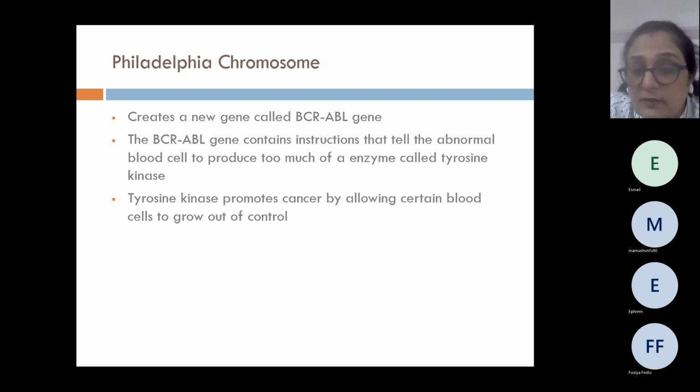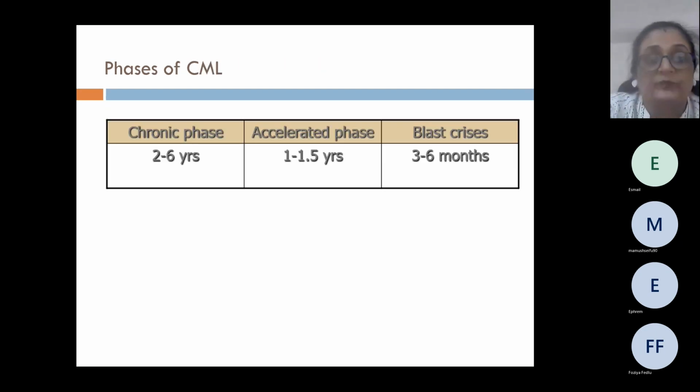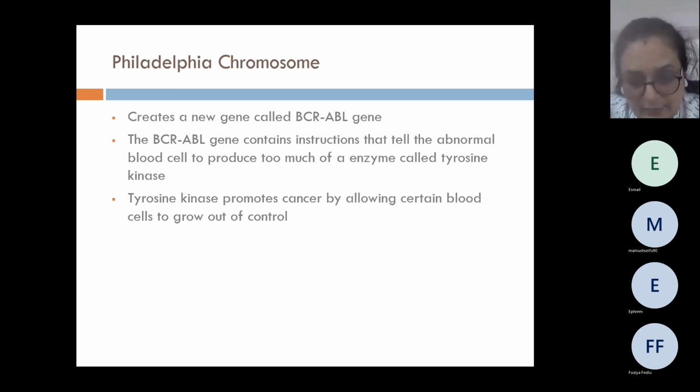So what is the main thing that we understand? That the tyrosine kinase, which is getting produced in a higher concentration, we need to control that, right? Tyrosine kinase is also called TK. Now, we saw what is Philadelphia chromosome and why a patient gets CML because of this Philadelphia chromosome.